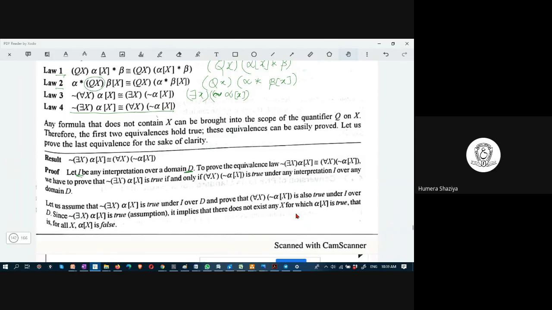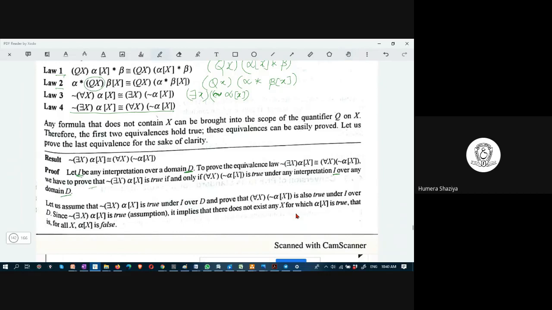To prove these are equivalent, we need to prove that not of there exists x alpha of x is true if and only if for all x not of alpha x is true under any interpretation I over any domain D. Look here, domain is a set of values and interpretation is using the values to realize whether it is leading to true or false statements.